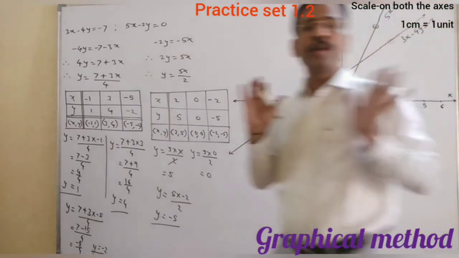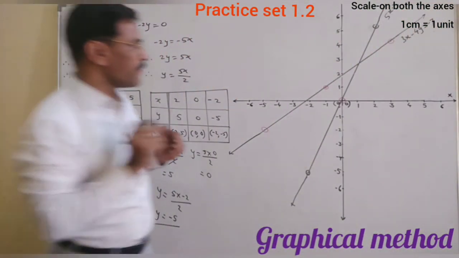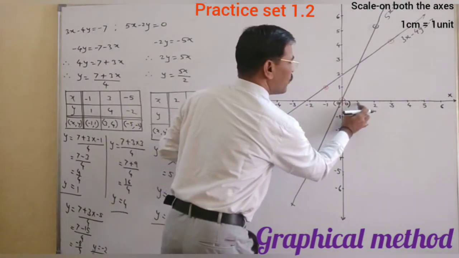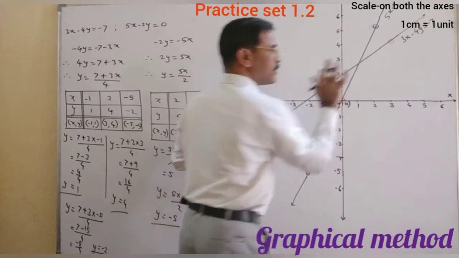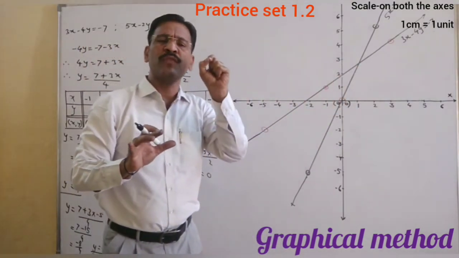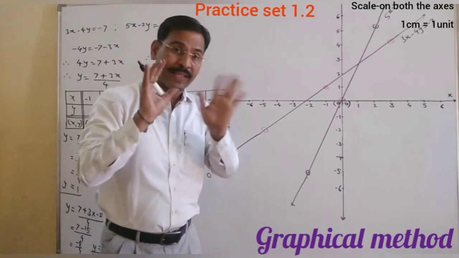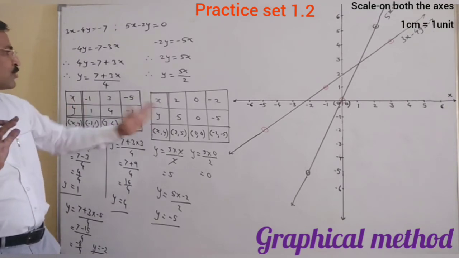Now, the very important point is what? Where they intersect. See first, if you observe here, this is 1 and here it is. Sometimes on this graph paper, these kinds of problems are created. But exactly see, is there any common point between these two?